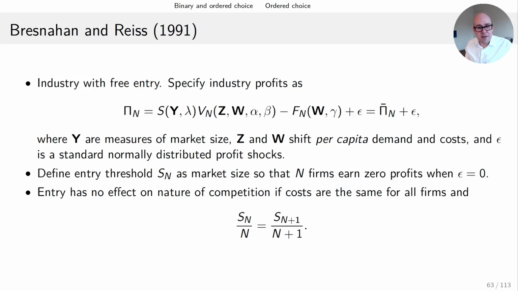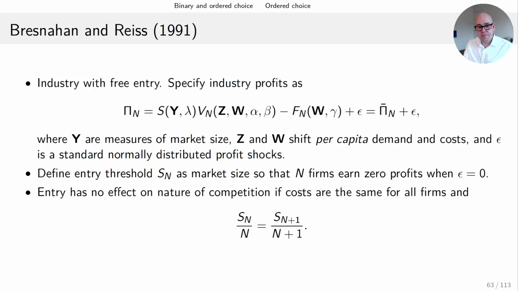There's, say, money on the table. It costs a particular amount of fixed cost to be active in that market. And if one is active in that market, then one can earn some variable profits. So what will happen is that there is entry until industry profits are close to zero, and this is how they also think of this in this paper.